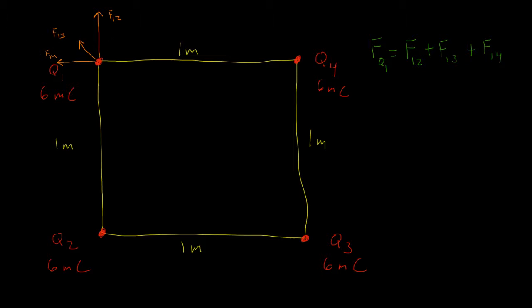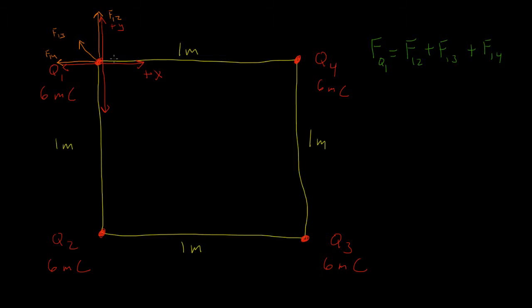Now when we do our vectors, where the charge is, we want to pretend that that is the origin of a coordinate plane. So I'm just going to draw a coordinate plane here. This direction is going to be the positive x, and this direction will be the positive y. When we do our vectors, we always want to measure our angles from the positive x-axis.